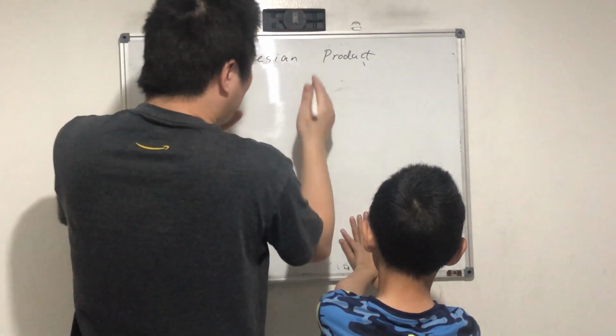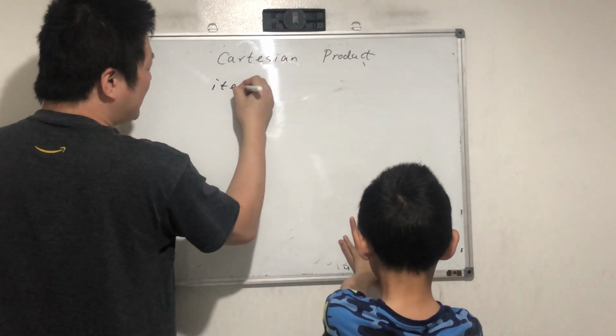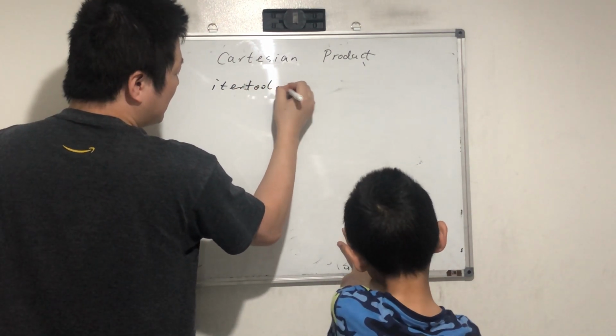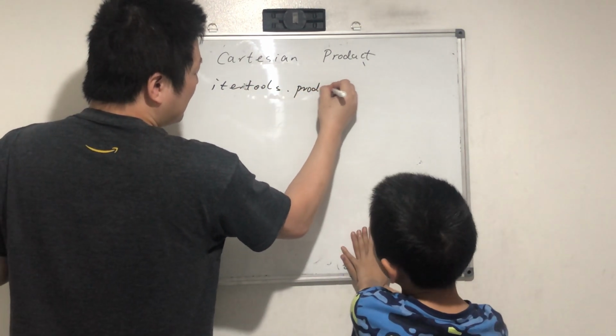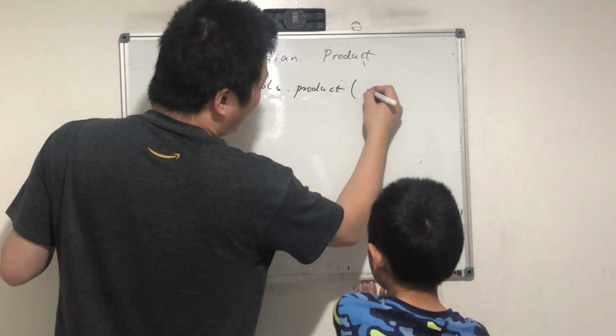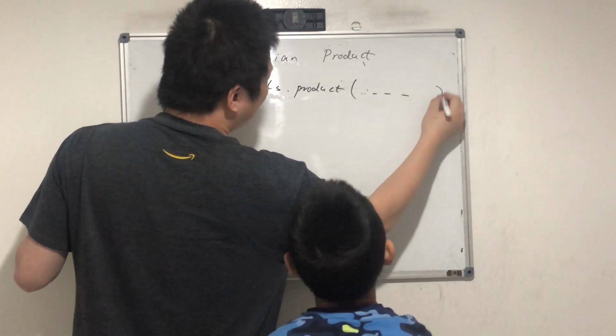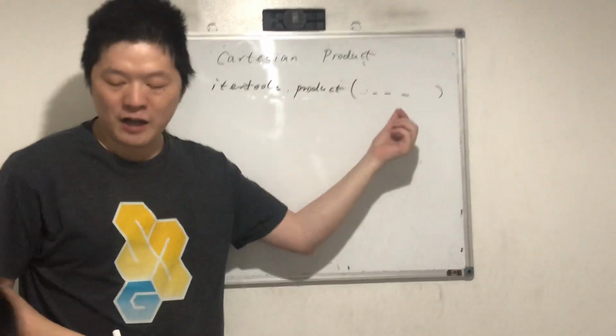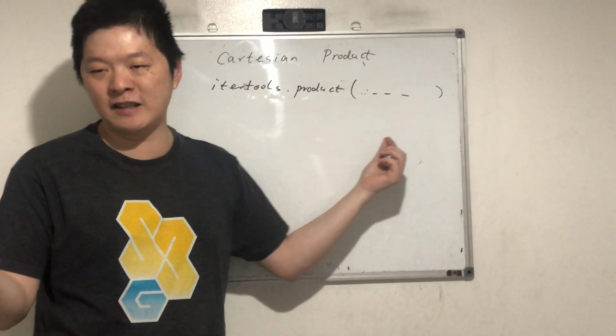Okay, so the Cartesian product, coming back to this product. It can take as many parameters as you want. Remember, we have only these.